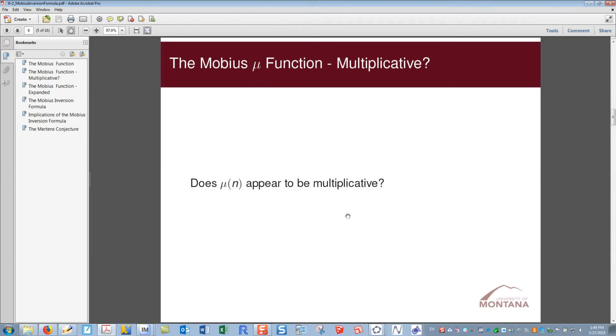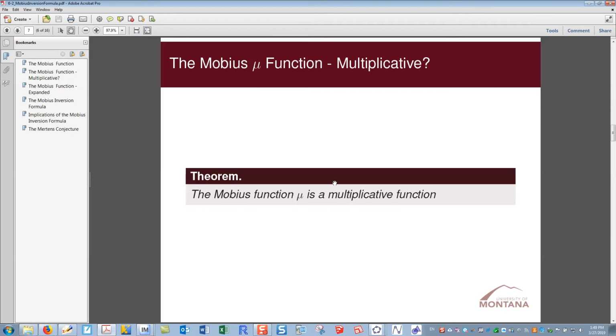So we say yes to this question. Mu of n does appear to be multiplicative, and indeed this is the first theorem in the chapter. So let's go ahead and prove that the Mobius mu function is actually a multiplicative function.